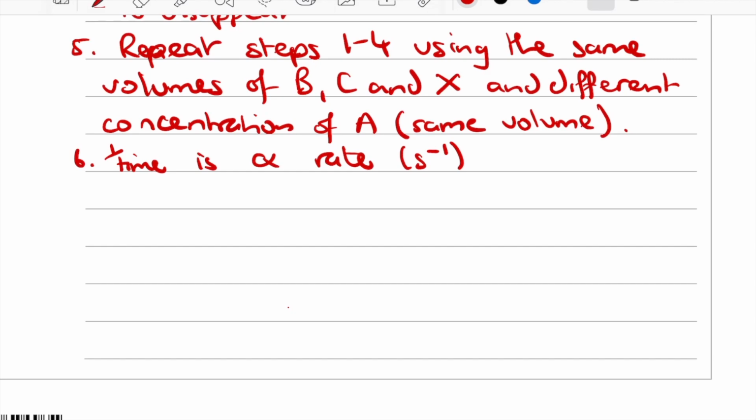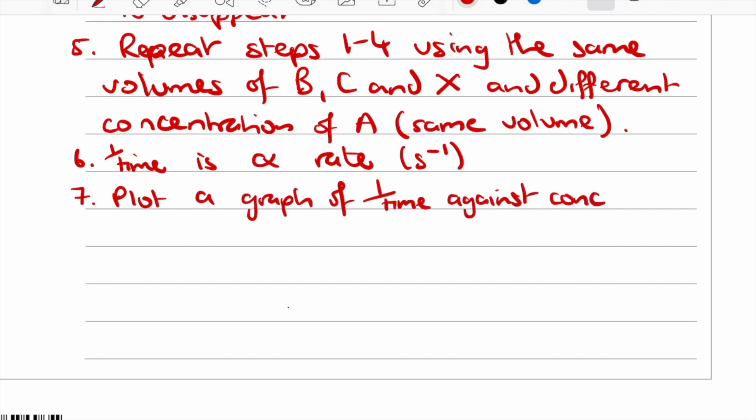So if that's effectively rate, then I'm going to plot a graph of 1 over time, or rate, against the concentration of A. So how does that 1 over time change against the concentration of A? And remember, 1 over time is proportional to rate, it is in effect rate.